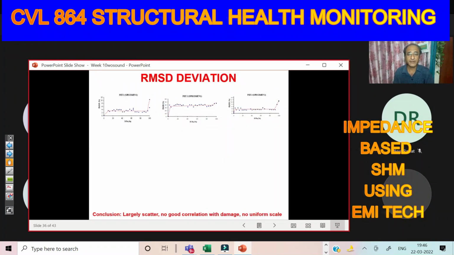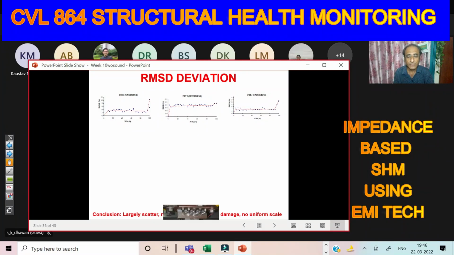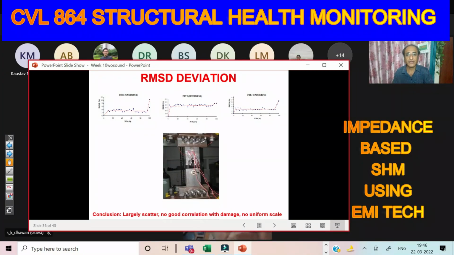For example, here these are the root mean square deviations of the 3 patches. All the 3 patches are located not very far from the damage. And what you see is that patch number 1 is the farthest. 2 and 3 are located at the same distance from the damage location.